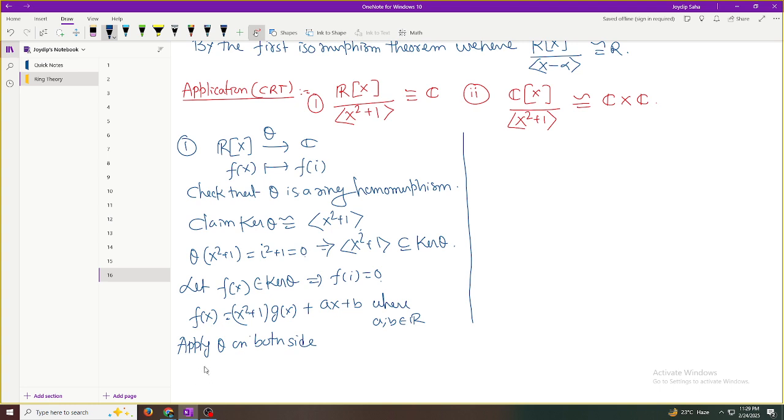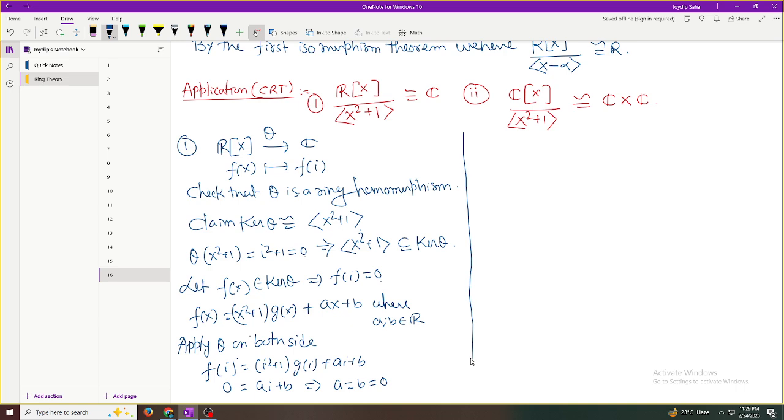What is this f(i)? That is 0 equals i square. I should write one line more. f(i) equals i square plus 1 times g(i) plus ai plus b. The f(i) is 0, i square plus 1 times g(i) is 0, so ai plus b is 0. That means a equals b equals 0.